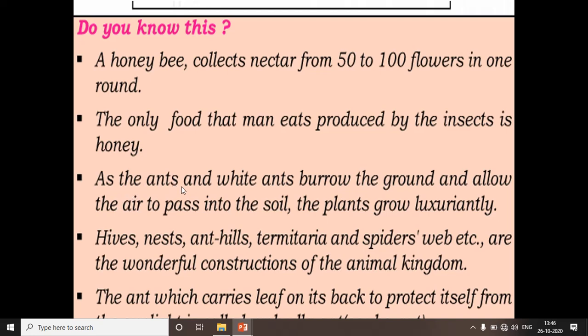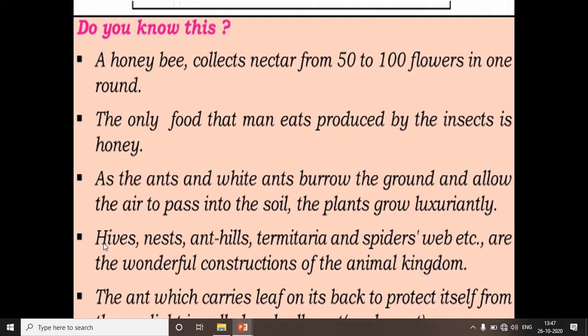Then ants and white ants burrow the ground and allow the air to pass into the soil so that plants can grow luxuriantly. So ants and white ants help the plants to grow by allowing air to pass into the soil. Now, hives, nests, anthills, termitaria, spider's webs, etc. are the wonderful constructions of the animal kingdom.